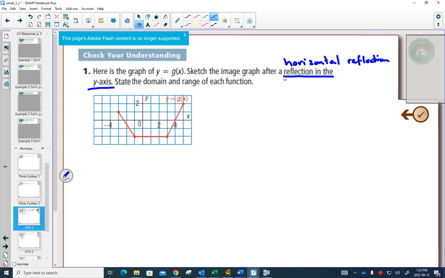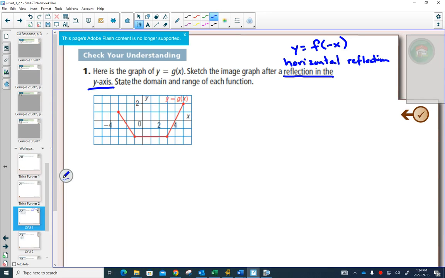So everything that affects the x, horizontal is affecting the x, that always happens inside the function. So we can write function notation. We can say if I had some function f, the negative would be in the inside of the function. Okay? So it can be asked in a bunch of different ways.